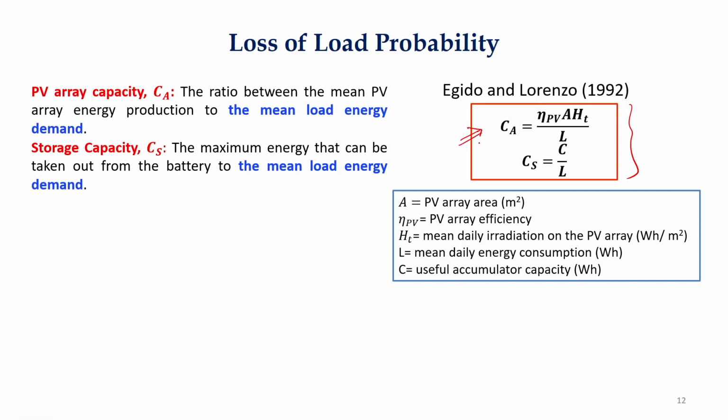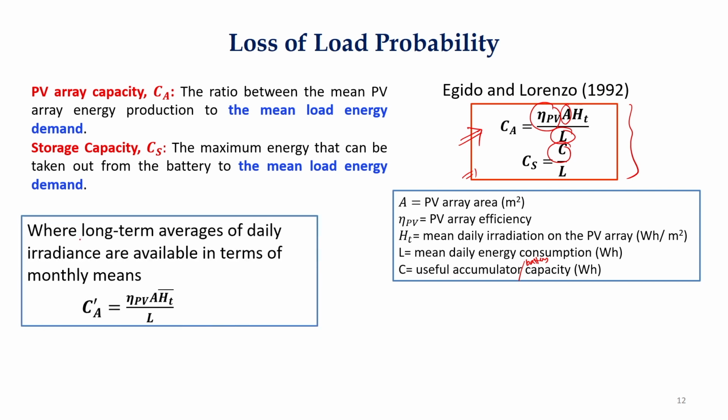So, these are the two expressions we can use for calculation of PV array capacity and storage capacity, where eta PV is the PV array efficiency, A is the PV array area, and HT is the mean daily irradiation on the PV array, which should be in watt hour per meter square, L is the mean daily energy consumption in watt hour, and C is the useful accumulator or battery capacity, which is represented in watt hour.